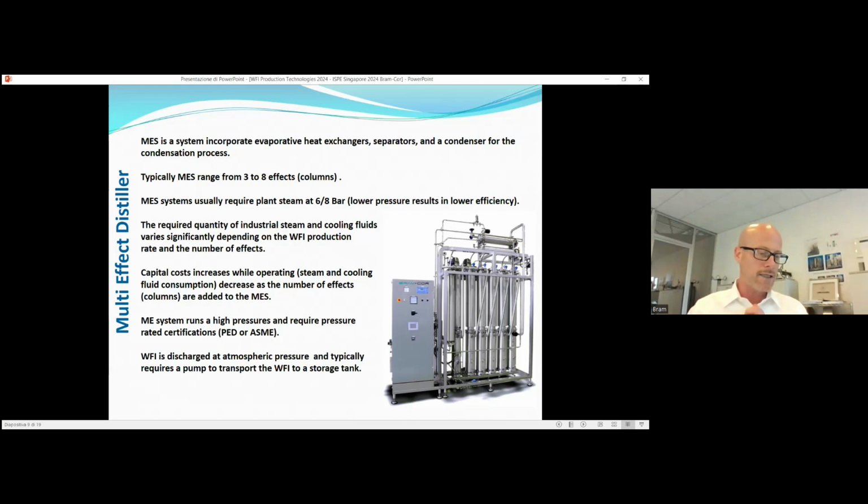In certain cases, increasing the number of columns to a certain point, the consumption of cooling chilled water can be zero. Then again, as we said before, there is the OPEX, CAPEX balancing, because sometimes the increased number of columns makes the machine very expensive and maybe cannot compensate the use of chilled water.